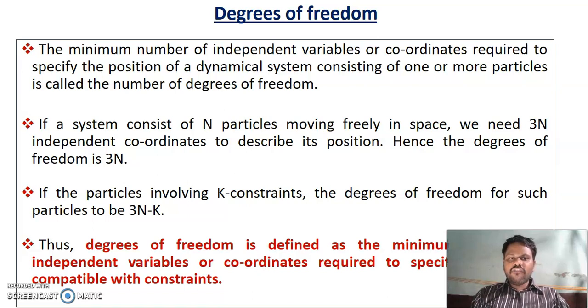Hence, the degrees of freedom is 3n. However, if the particles or motion are restricted by constraints, the number of degrees of freedom reduces by the number of constraints.